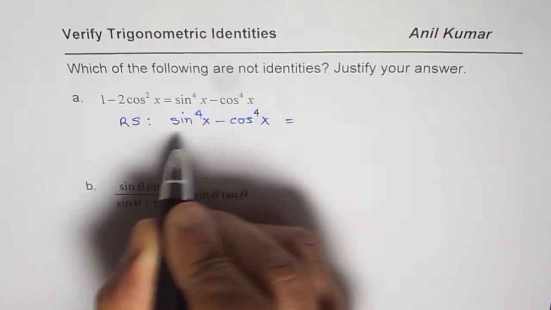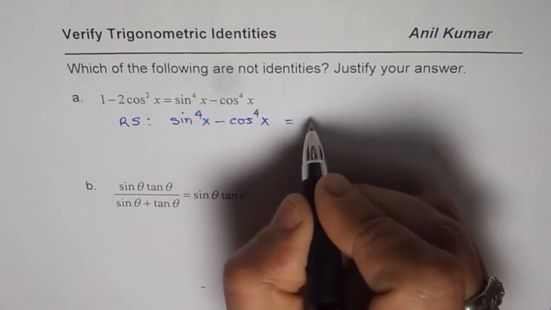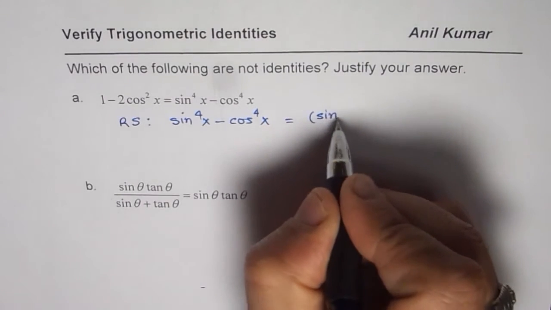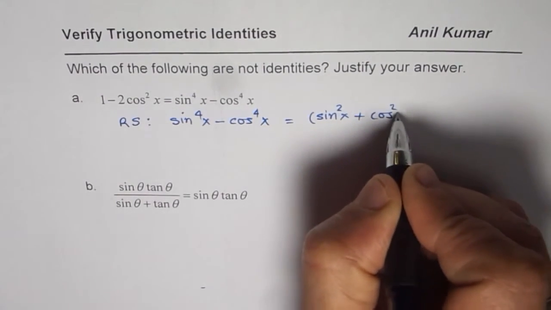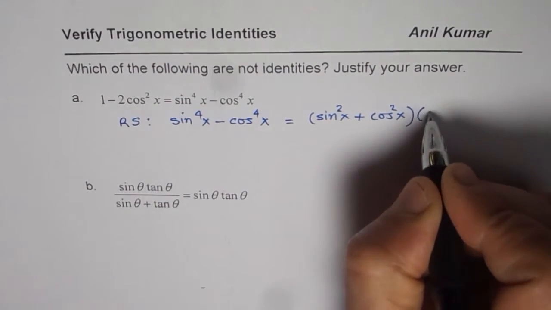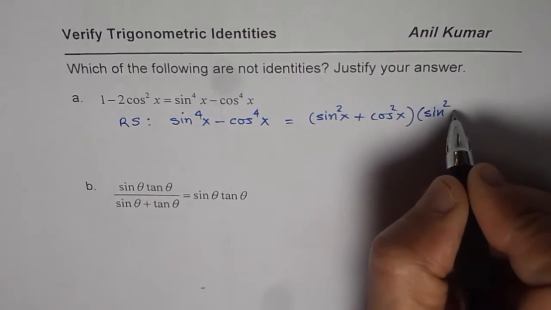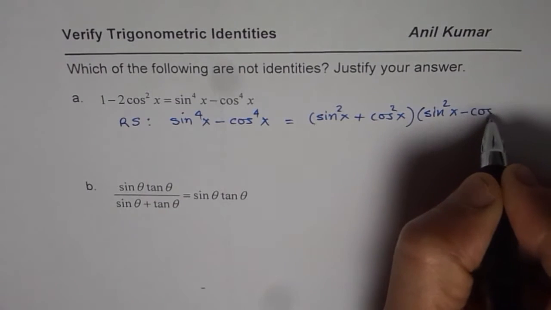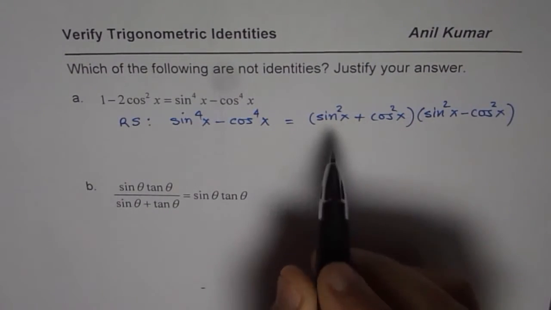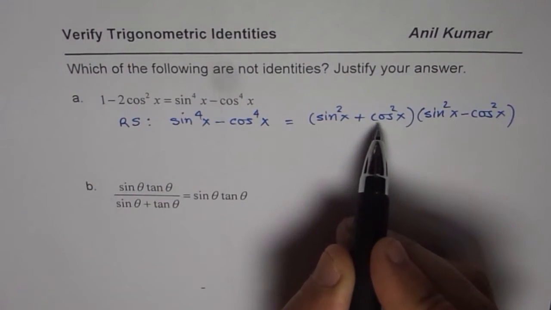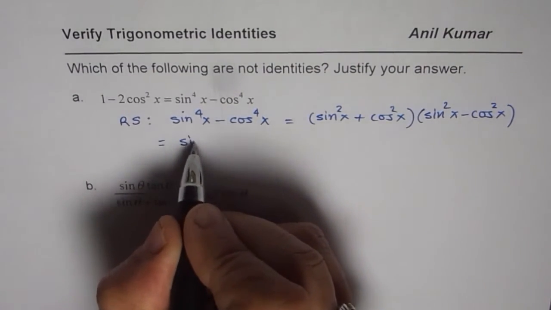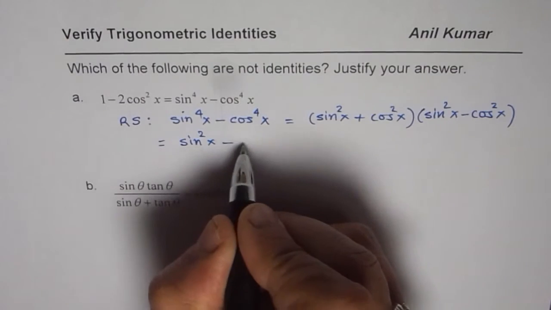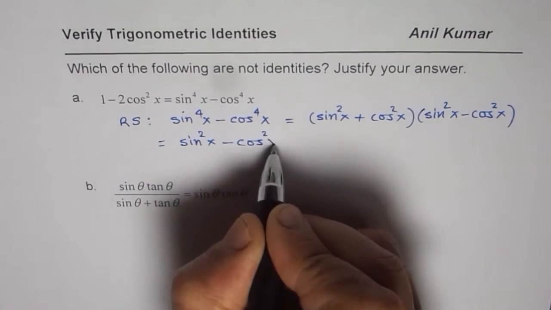We can apply the difference of squares and write this as sine square x plus cos square x times sine square x minus cos square x, correct? Now sine square x plus cos square x is 1, right? So therefore we can write this as sine square x minus cos square x.